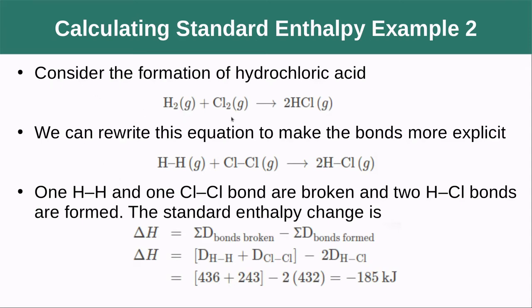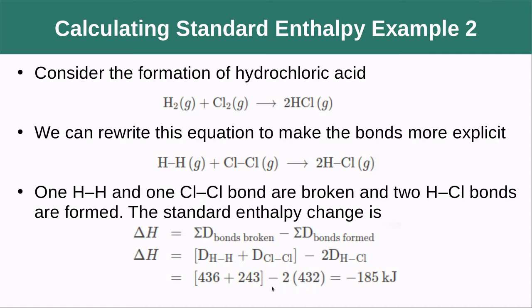We can consider the formation of hydrochloric acid. Here we've broken an H-H bond and a Cl-Cl bond, and we formed two H-Cl bonds. Our bonds broken are going to be for the energies of the H-H and the Cl-Cl bond. We're going to subtract out from that the energy of the H-Cl bonds.